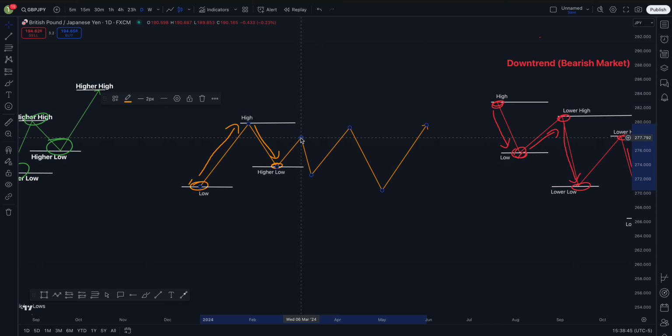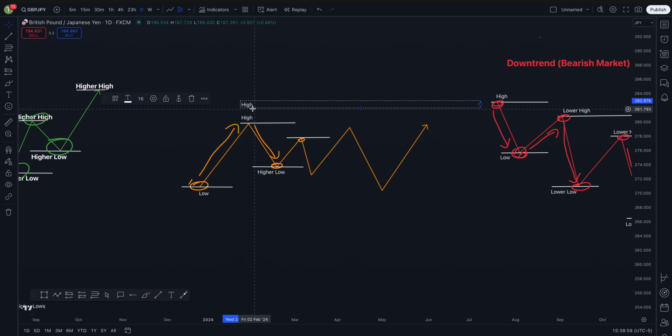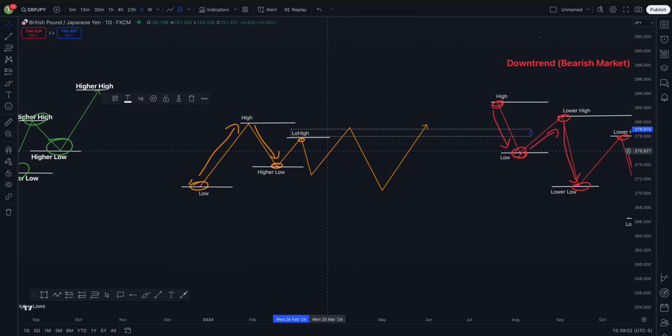What it did was create a lower high. Remember, in an uptrend, price makes higher highs and higher lows. But instead of making a higher high, it made a lower high, which means that this is not an uptrend.